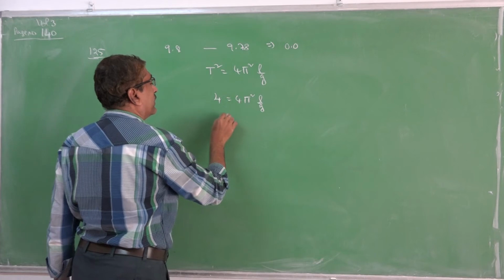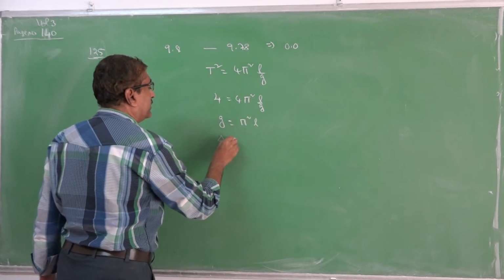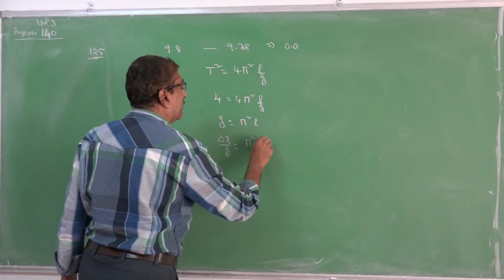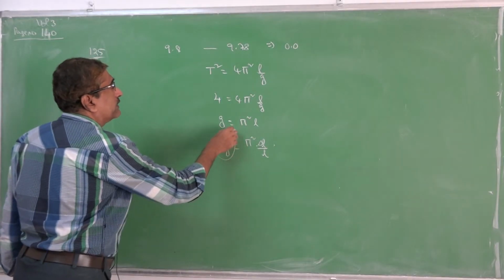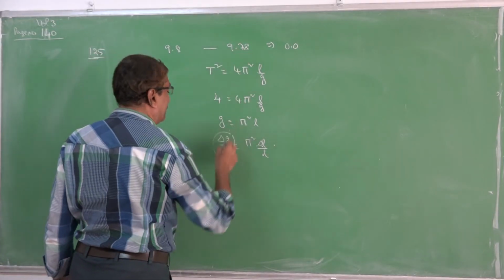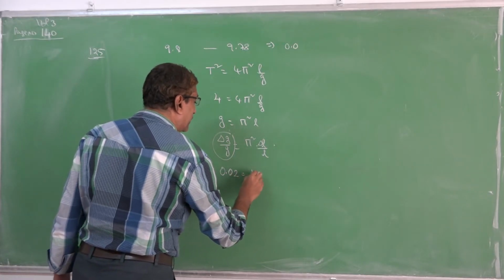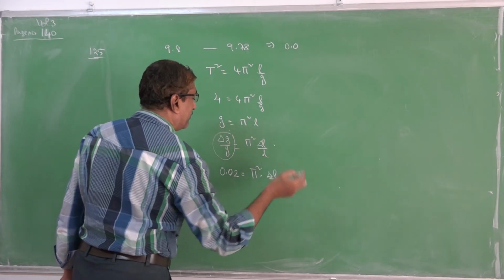So from this we can write g is equal to pi square L. So now delta g by g is equal to pi square into delta L by L. Okay, as delta g by g is 0.02, that equals pi square into delta L by L.